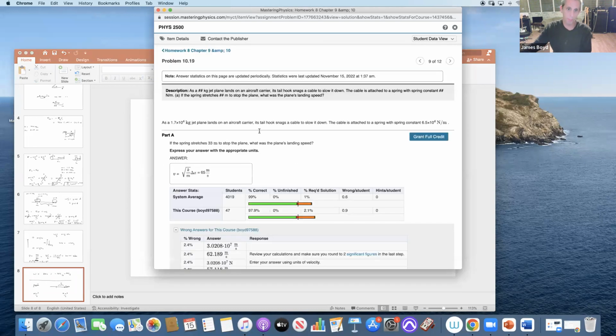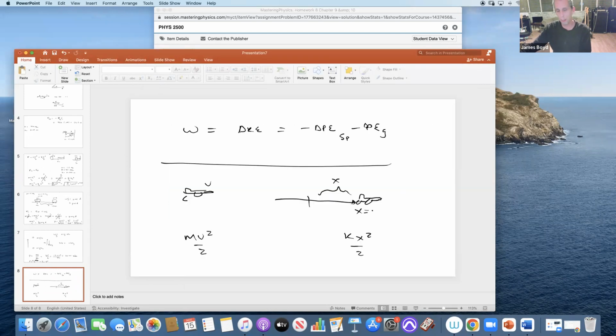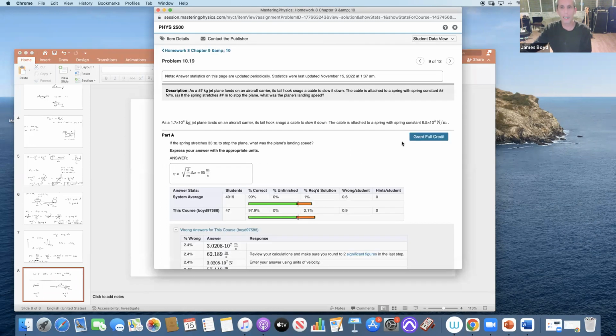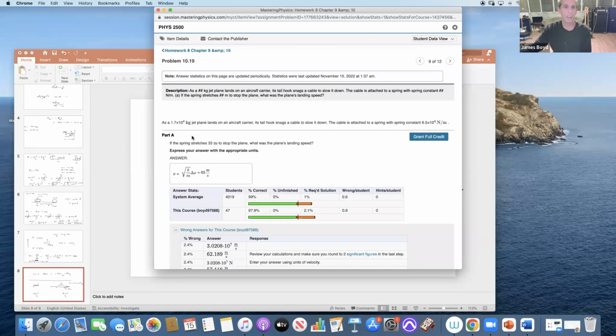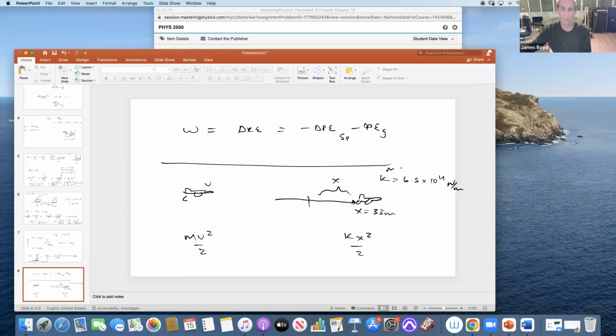Now they told us that x was 33 meters to stop the plane. So here, x is 33 meters, k is 6.5 times 10 to the 4th newtons per meter, and the mass was 1.7 times 10 to the 4th kilograms. These things are equal. We want the velocity of the plane. Again, the two cancel, and the velocity is the square root of k m over x squared. One nice thing is these are both 10 to the 4th, so this is 6.5 times 10 to the 4th over 1.7.